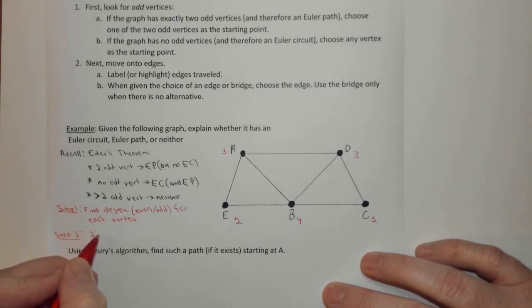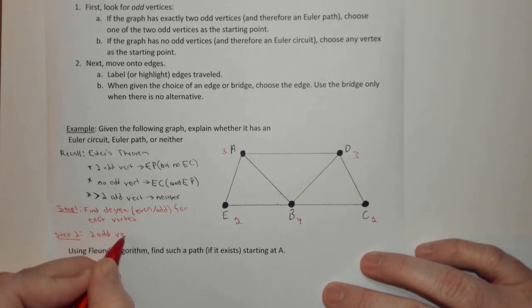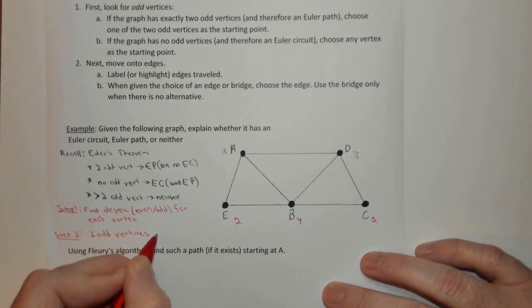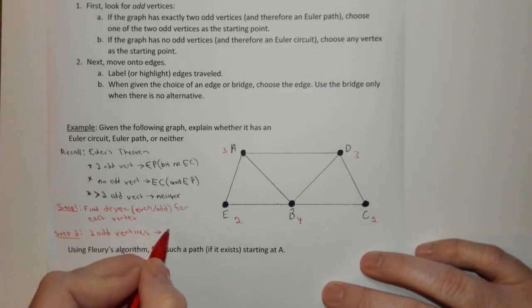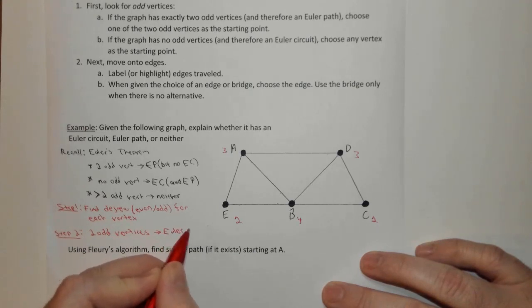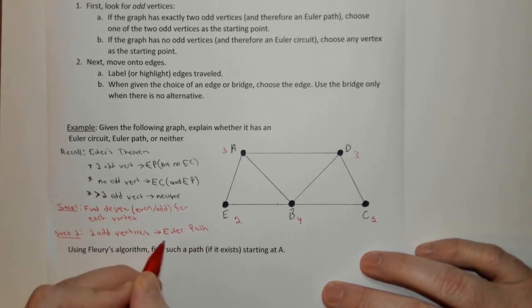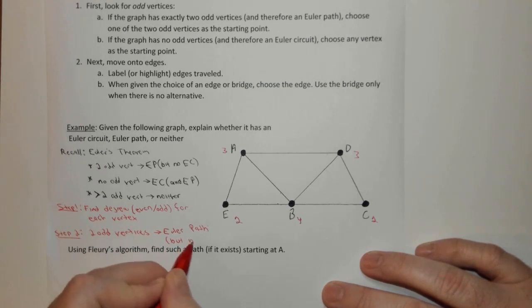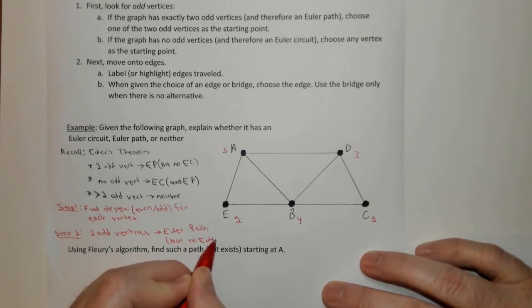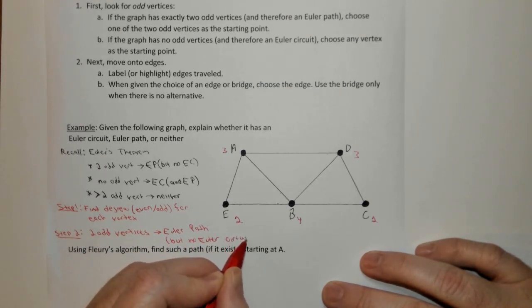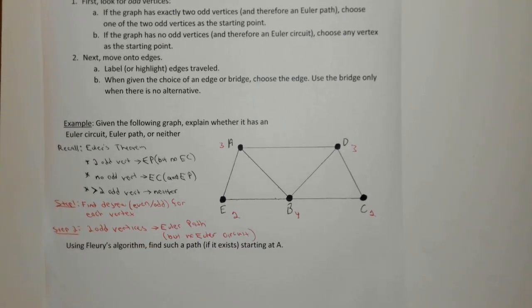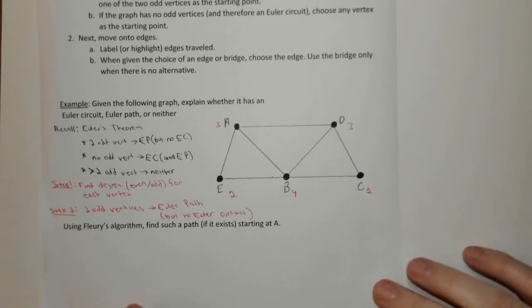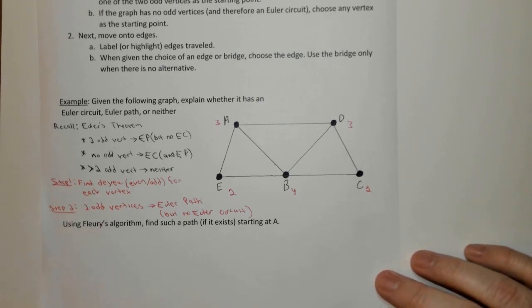We have 2 odd vertices, which means Euler path, but no Euler circuit. Okay, so that's going to be part A.